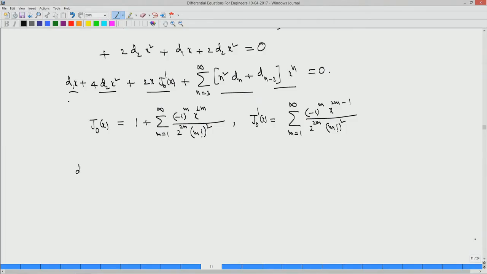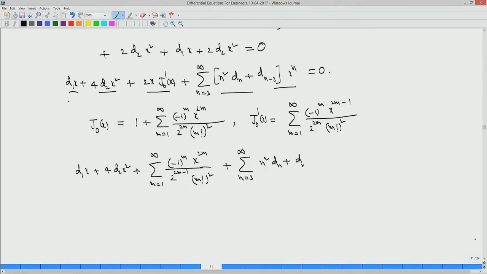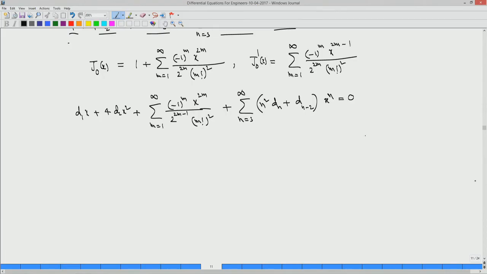Finally you get d1 x plus 4 d2 x squared plus 2x times the series, sum over m from 1 to infinity of (minus 1)^m x^(2m) divided by 2^(2m minus 1) (m factorial) squared, plus the sum from n equal to 3 to infinity of (n squared d_n plus d_(n-2)) x^n equal to 0. Now you can equate: these are odd, and these are only even terms, x squared, x^4 and so on, and this runs from x cubed onwards.